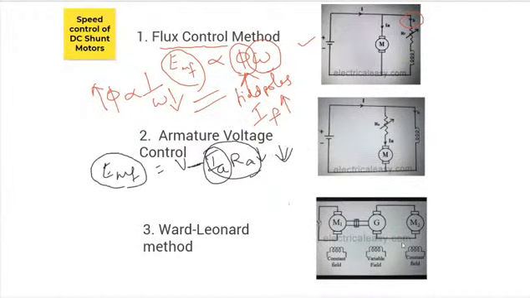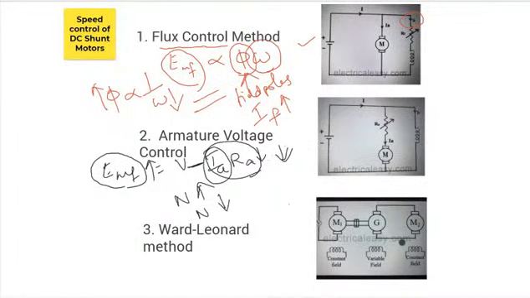When your drop is decreasing, your EMF value will increase. So your speed will improve. So when you decrease the value of resistance, your current flow will increase, and your voltage drop will decrease, and your speed will decrease. So this is how you can achieve the speed control by varying your armature voltage value.